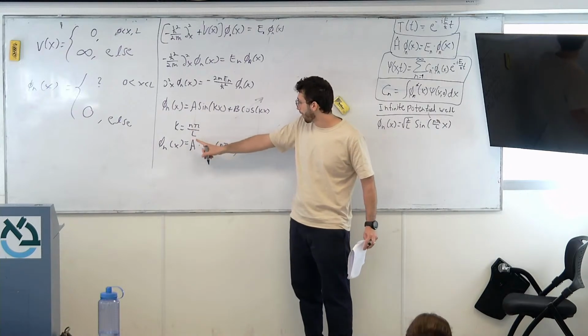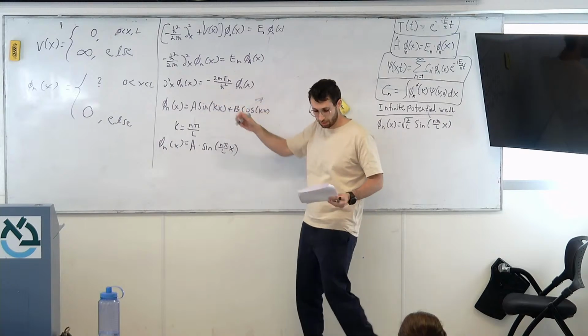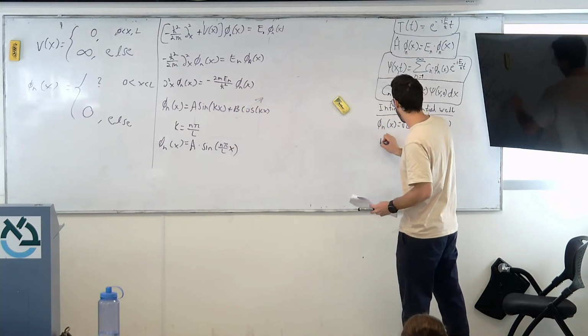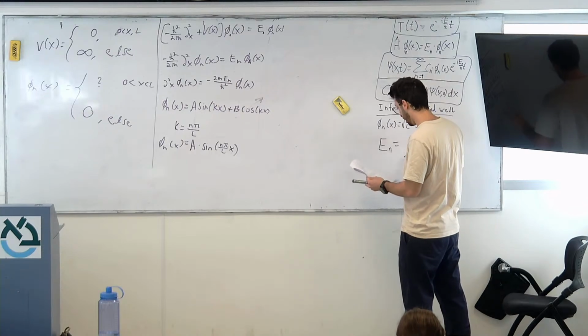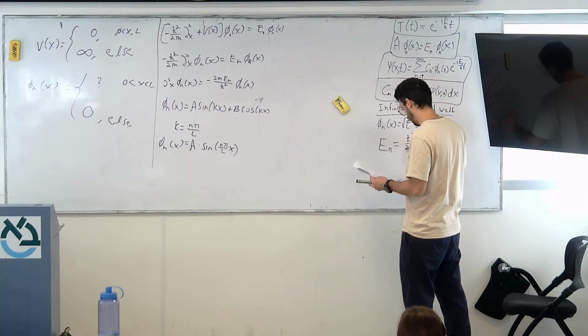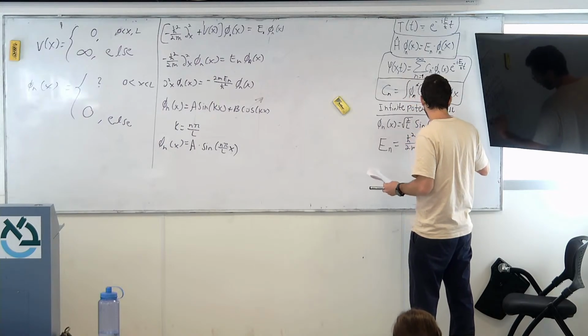And because we know that what we have on this side is the square root of this coefficient, we also get the energies, the eigenvalues, or the eigenenergies. E n is h-bar squared over 2m times n pi over L squared.